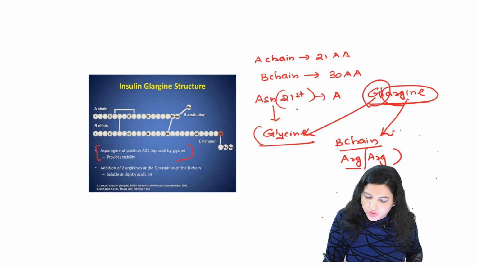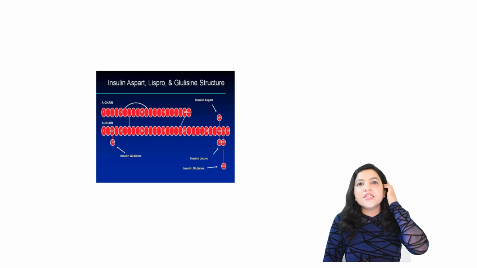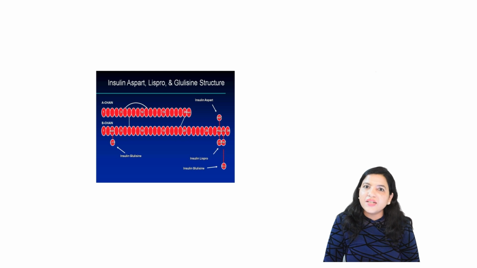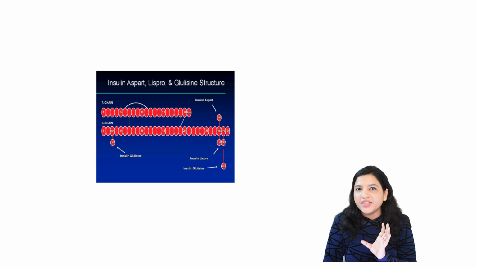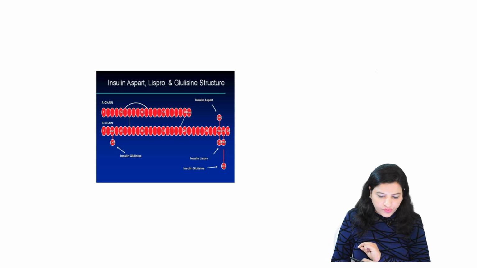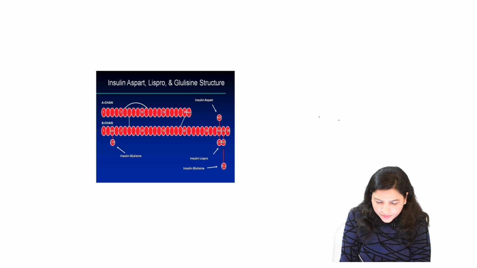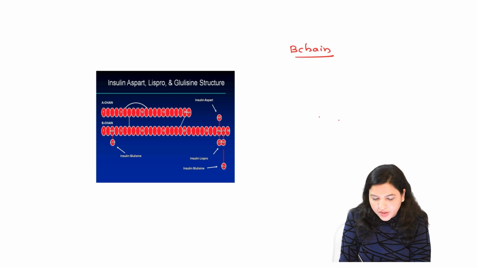Okay, now I am moving on to the next ones, which are Lispro insulin and glulisine insulin. First, what is Lispro insulin? Something is there in the name of the insulin analog. In Lispro insulin, the B chain has 30 amino acids.